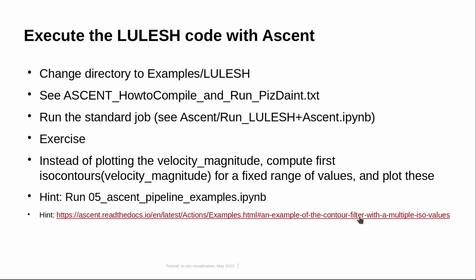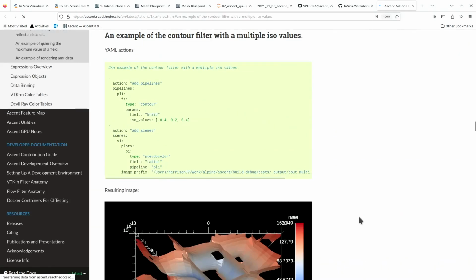And I will click on this because this is one of the examples from the Ascent Read the Docs documentation. It shows you how, in my pipeline, I do a particular operation called contour, in this case, with a set of iso values. And then I specify my pipeline over here in the description of the pseudo color scene.